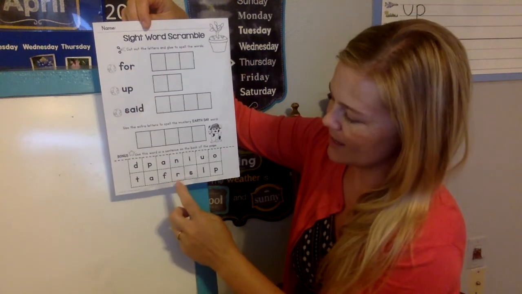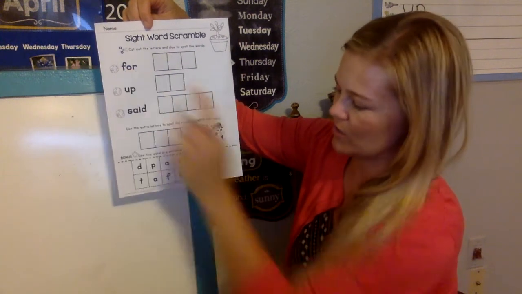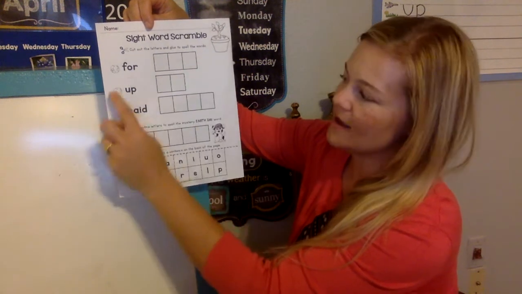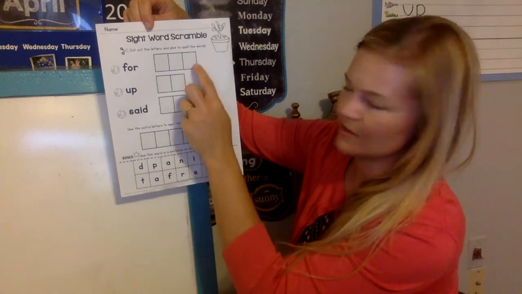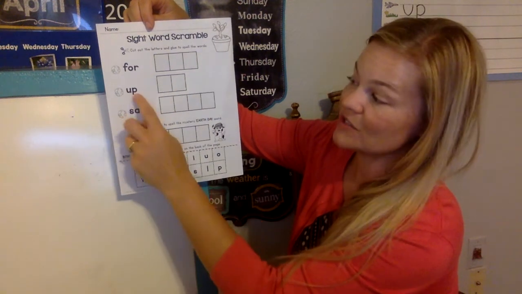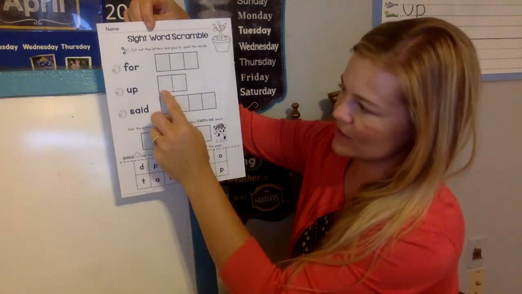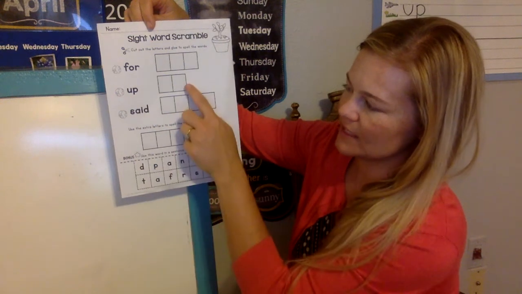So you're going to cut out this F and glue it right there. Next is an O. You're going to cut out this O and glue it right there. Next is an R. You're going to cut out this R and glue it right there. Then we're going to do the word up, U-P. Cut out the U and glue it there. Next is a P. Cut out the P and glue it here.